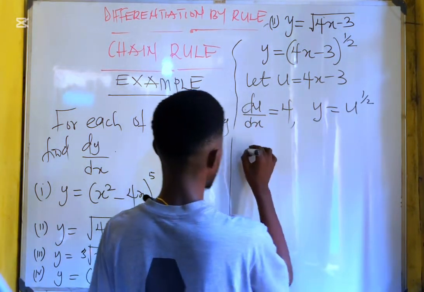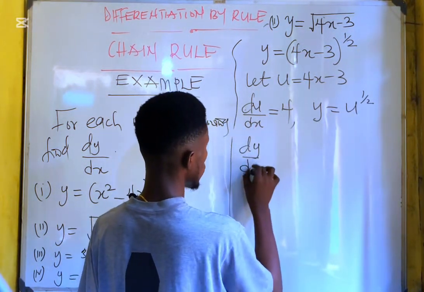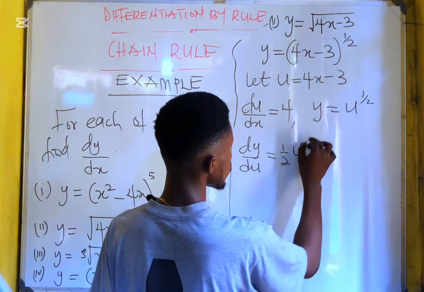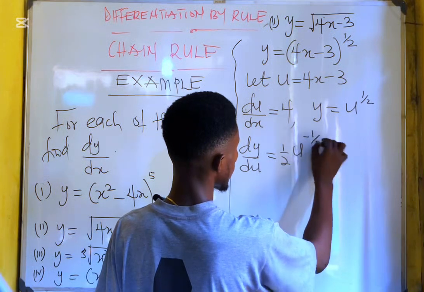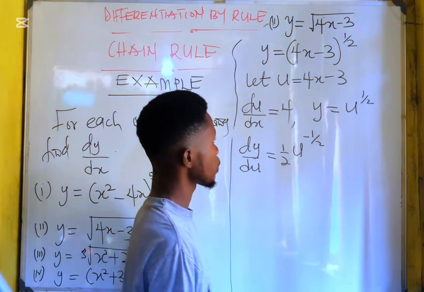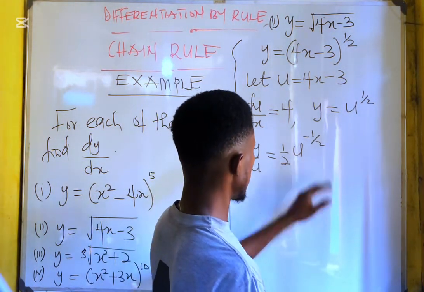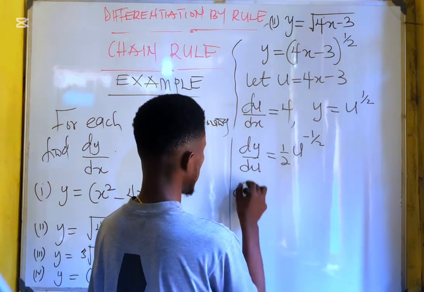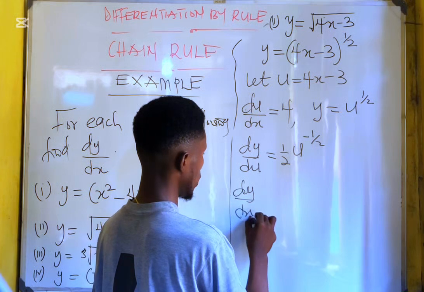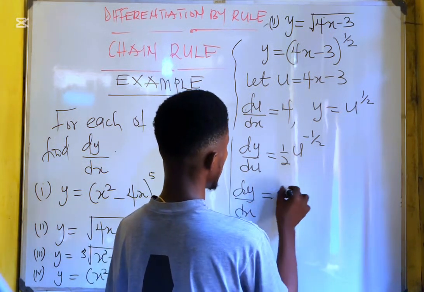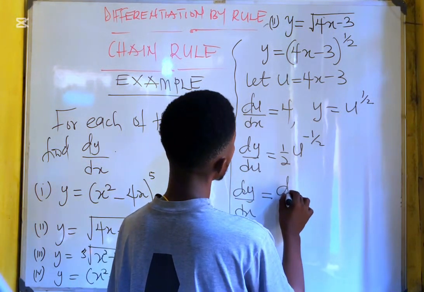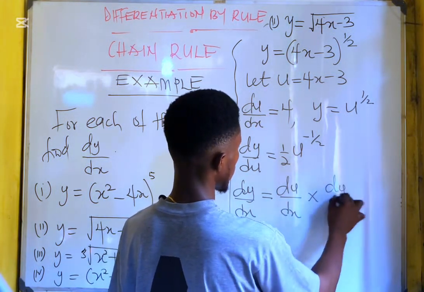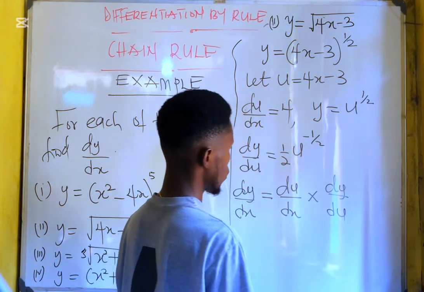Now let me differentiate this. dy/du is going to give us 1 over 2 u to the power negative half. I hope you remember that. And this one, let's find dy/dx. And that is going to be du/dx times dy/du.